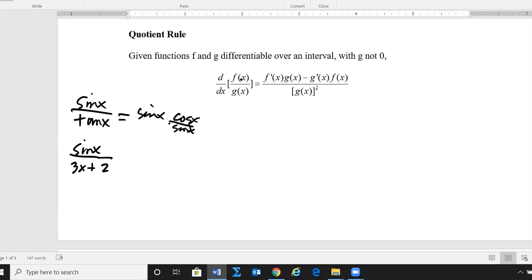So that's where we have this new rule. f and g have to be differentiable, and g not equal to 0. Now the proof of this is in the textbook. We're not going to go through that proof. You can read through it. It's interesting how it's developed. I'm going to focus on how to use it. That's what you really want to be able to do from this course, is use these rules.